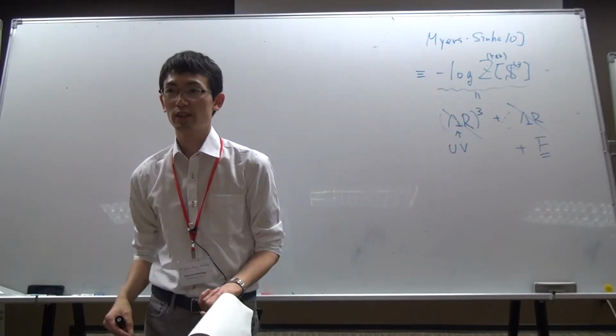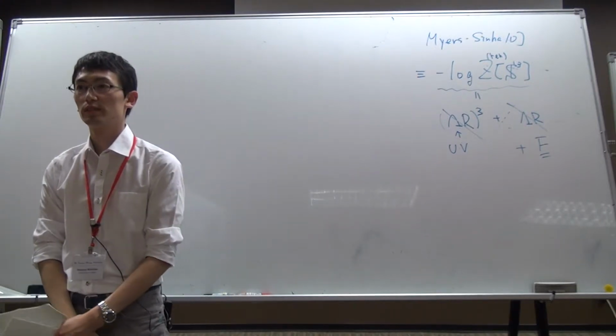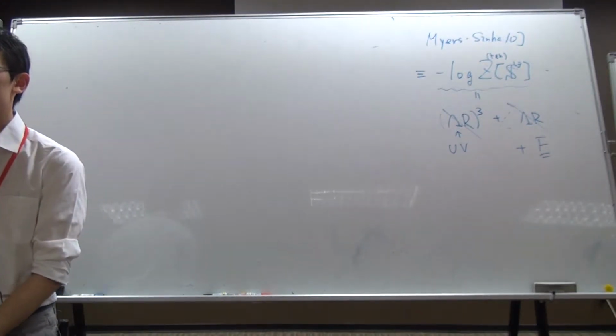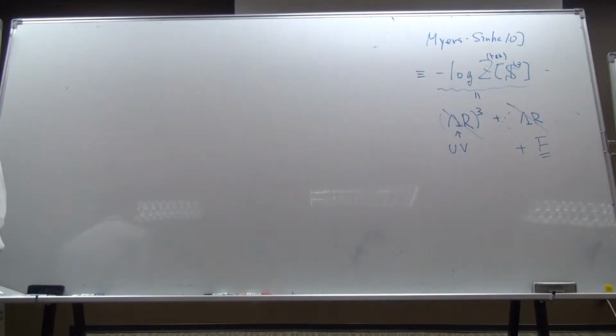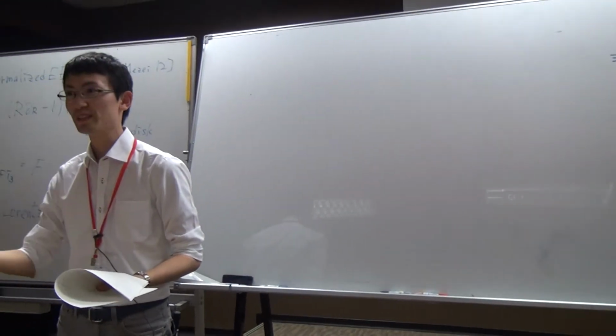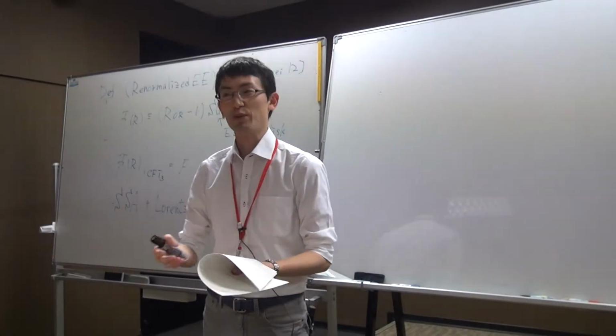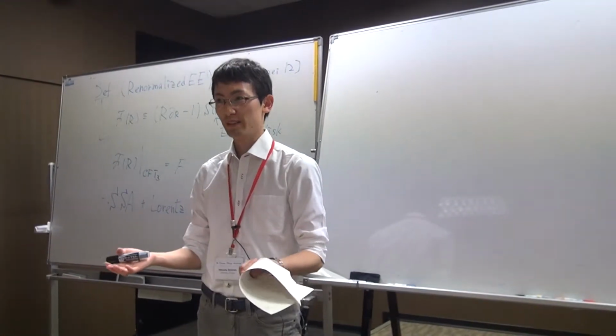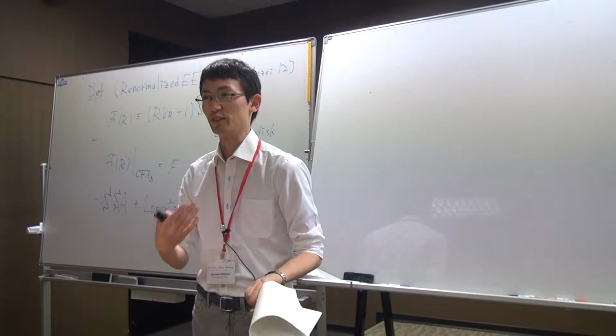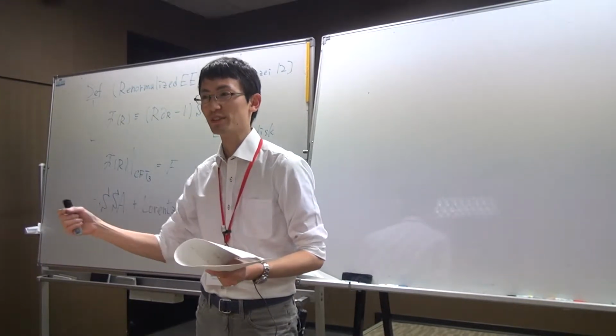So can you say which C function is closer to the actual number of degrees of freedom? Once you have interaction, it's not clear how to define the degrees of freedom. For free theory, you can count the number of fields in the Lagrangian, but if you don't have a Lagrangian description, then it's not clear, at least to me, how to count them.